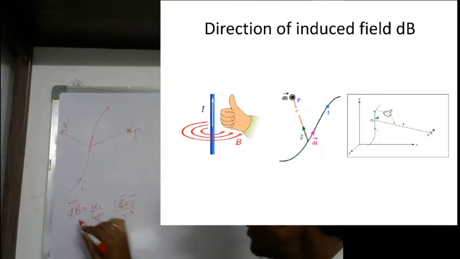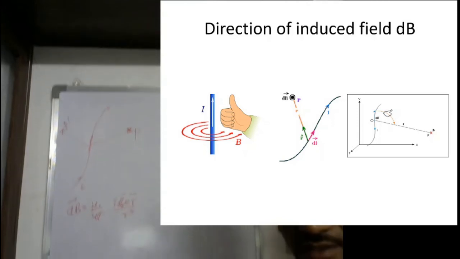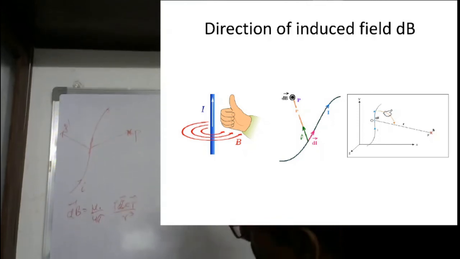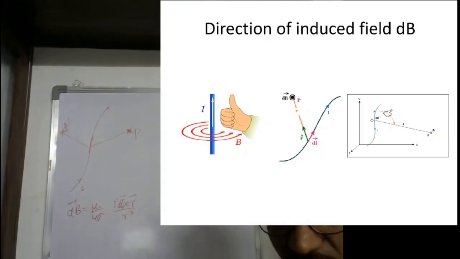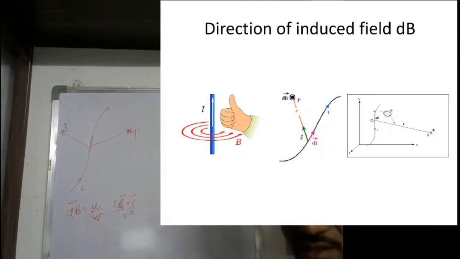This is a vector. So this vector dB is the cross product of two vectors, I dl and r. It is a cross product of dl and r. So by using the right hand rule, you can find the direction of the induced magnetic field.